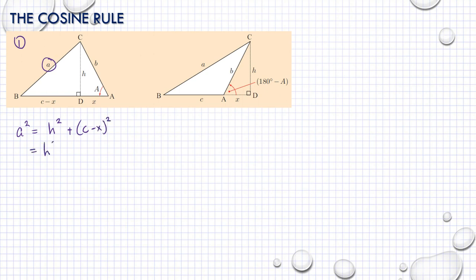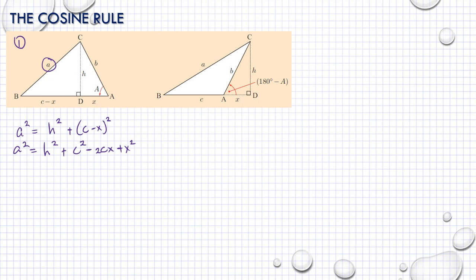And if we simplify that, we have C squared minus 2CX plus X squared, for our A squared. But we can also find the height. You can see I only want to find the length of A if B and C are given.